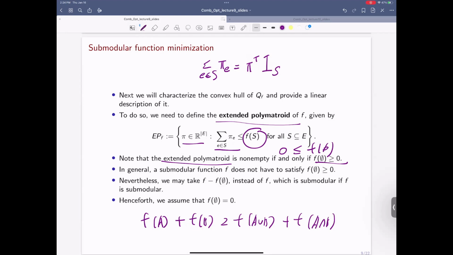In particular, if you evaluate the function value for the empty set, it takes value 0. In terms of optimizing a submodular function, we can assume that the empty set has a value of 0. So we're going to focus on this case, but all these discussions go through even when your function doesn't have value 0 for the empty set.